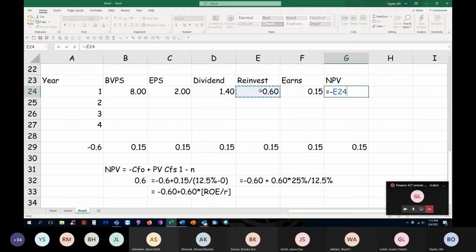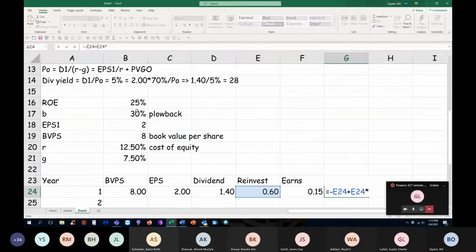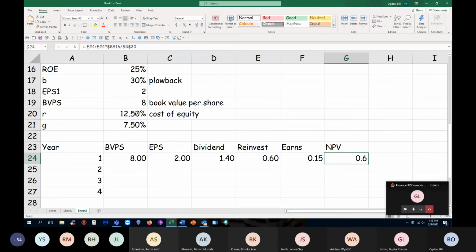Okay, minus the investment plus the investment times the ROE, and we'll lock that, divided by R, and we will lock that. Okay, that's the same 60 cents.